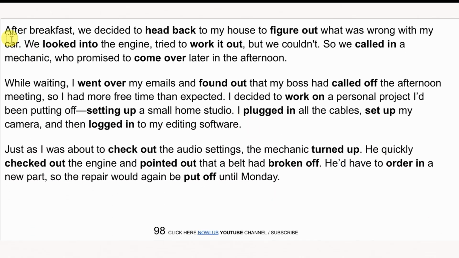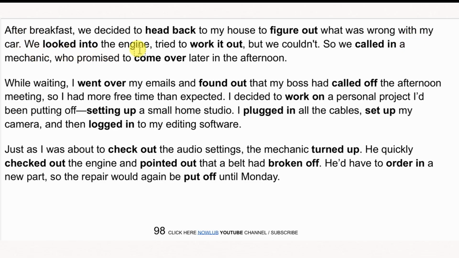We continue. After breakfast, we decided to head back to my house to figure out what was wrong with my car. It means after breakfast, we decided to head back, meaning to return, to my house to figure out, meaning to discover, what was wrong with my car.